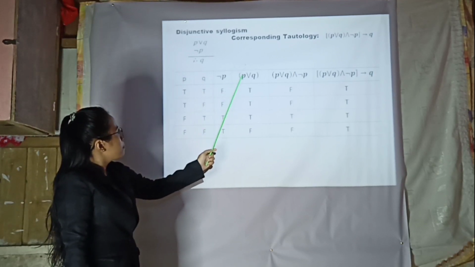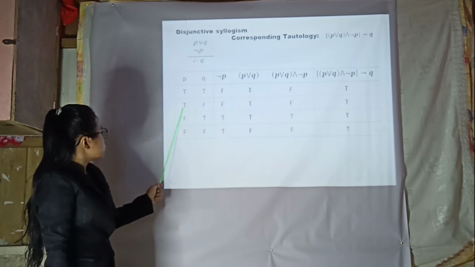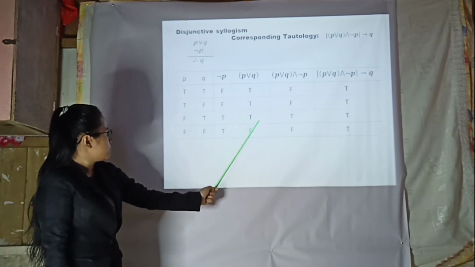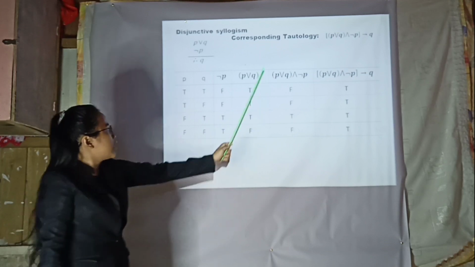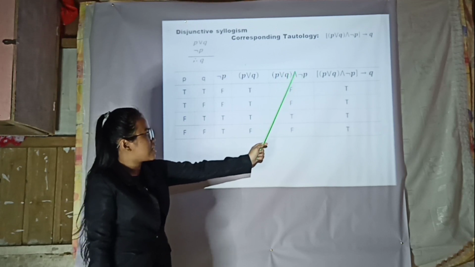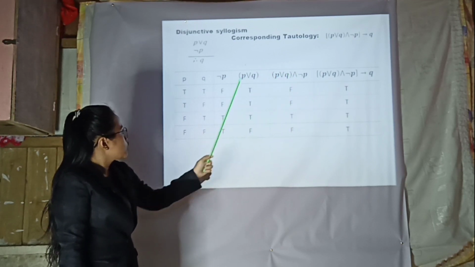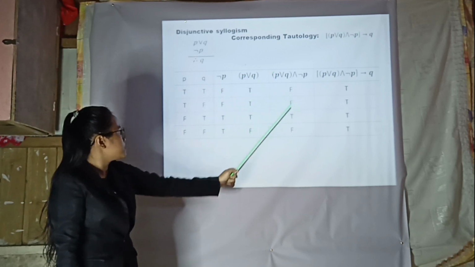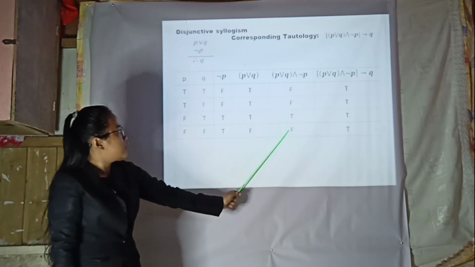So, P or Q, so true, true, true, true, false, true, false, true, true, false, false, false. So, the P or Q and not P: true, false, false, true, false, false, true, true, true, false, true, false.